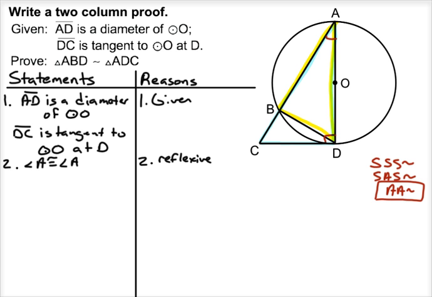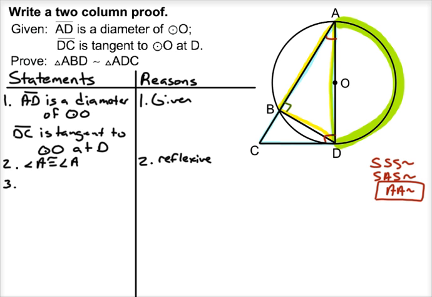Inside of the yellow triangle, I noticed that this angle here appears to be a right angle, and the reason it appears to be a right angle is it's an inscribed angle which intercepts this semicircle, and I know that an inscribed angle that intercepts a semicircle is going to have a measure of 90 degrees. So I'm really going to have both of the triangles having a 90-degree angle in them. So let's write that information down in our proof.